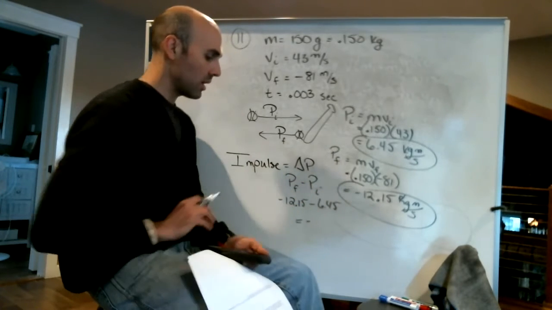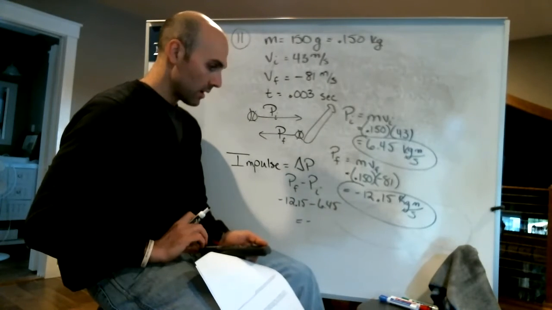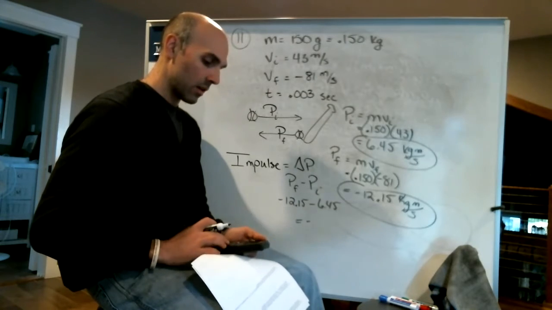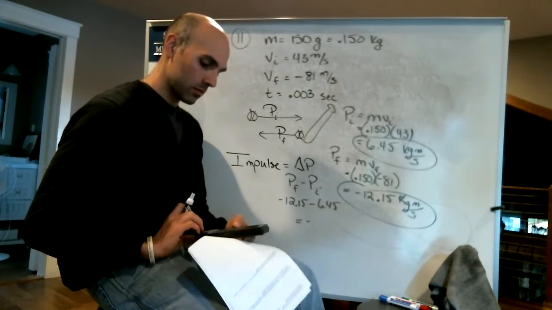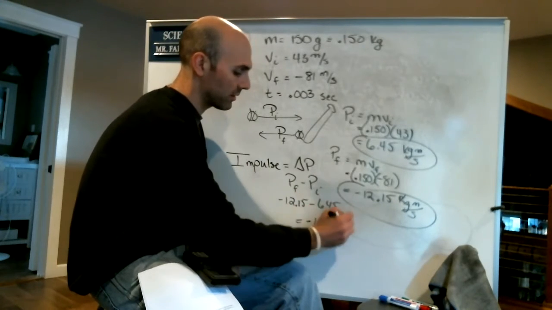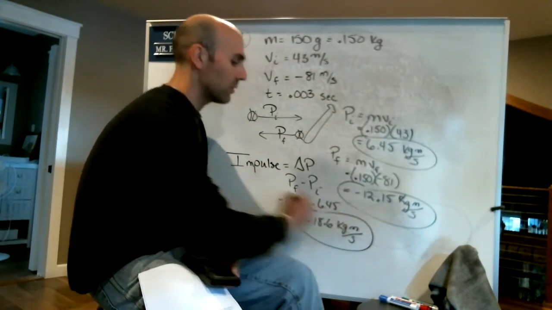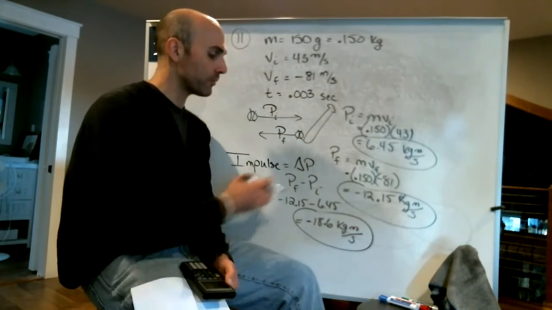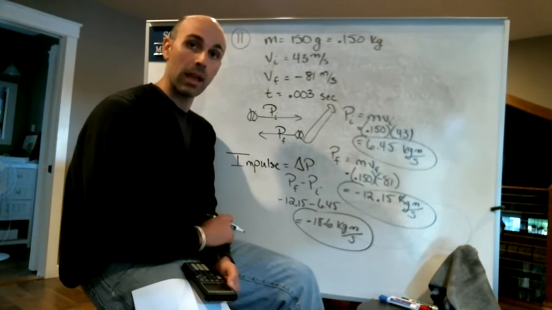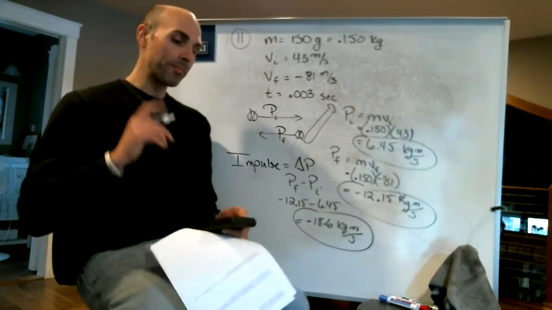And that gives us overall a change of negative 12.15 minus 6.45. And we get an overall answer of negative 18.6 kilogram meters per second. So there's our overall change in momentum, or that is our impulse, negative 18.6 kilogram meters per second. Okay, so I hope this one has helped you with number 11. One more to go.